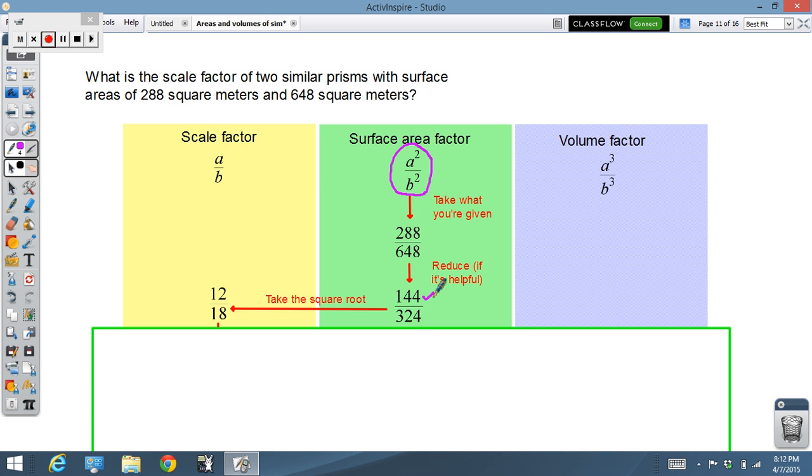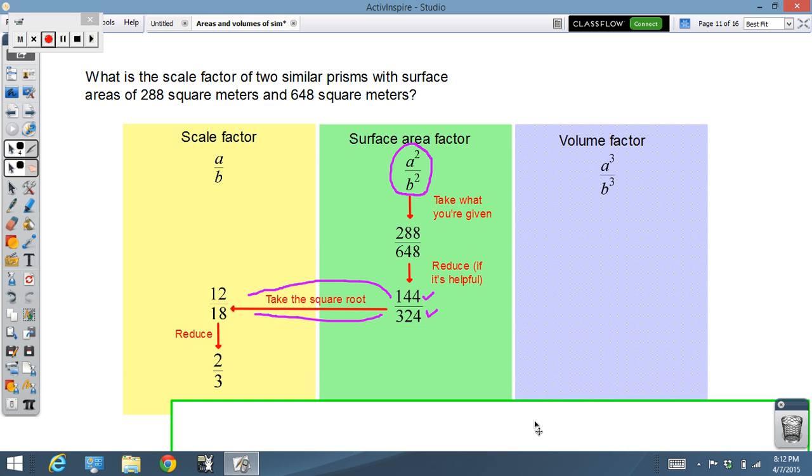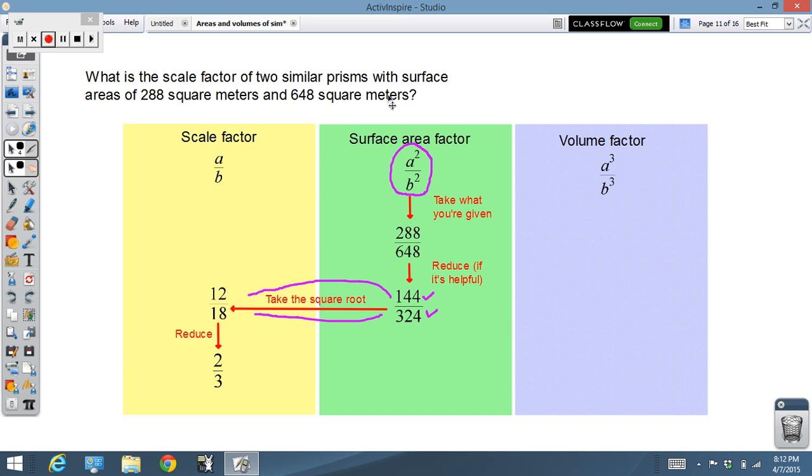These numbers both happen to be perfect squares, so when I take the square root of them, we get 12 over 18. Nice and easy. You can reduce that and find out that the scale factor originally had to be 2 over 3.